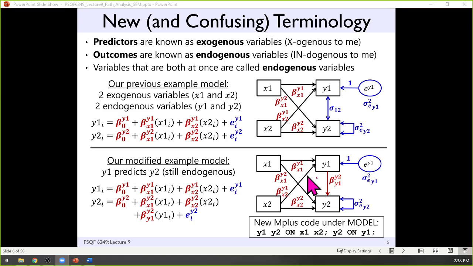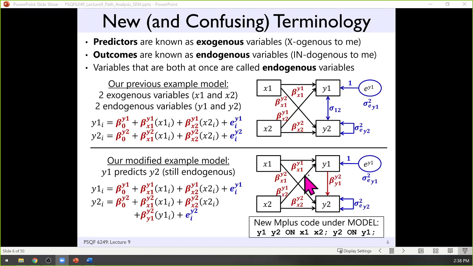The only difference is right here where I have Y1 predicting Y2. And so this lower picture is an example of a model that you could not fit in a regular regression software like ProcGLM or ProcMixed or Regress in Stata or whatever, LM in R. Anytime you have a variable that is both an outcome of something and a predictor of something else at the same time, that's what path models are designed for.